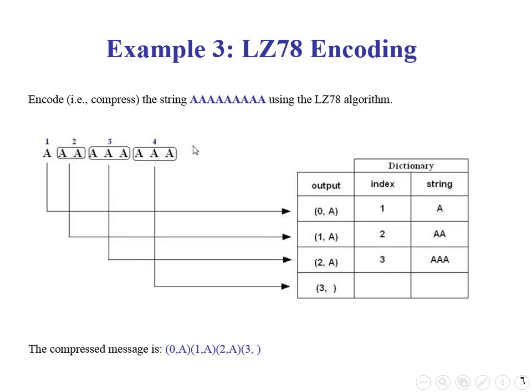This is the last pattern. There is no adding a character here, therefore it will be encoded by the last index, 3, and nothing. Therefore we can see that the stream of A characters will be encoded by 0A, 1A, 2A, and 3 nothing.